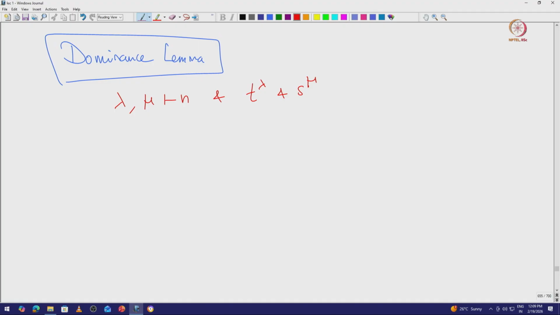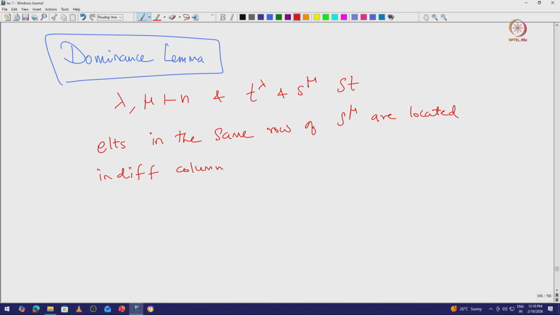So, they are tableaux of respective shapes lambda and mu, and you assume that the integers in the same row of S mu are located in different columns of T lambda.